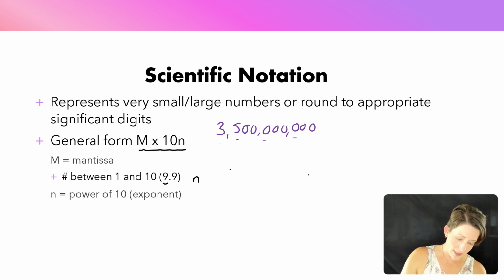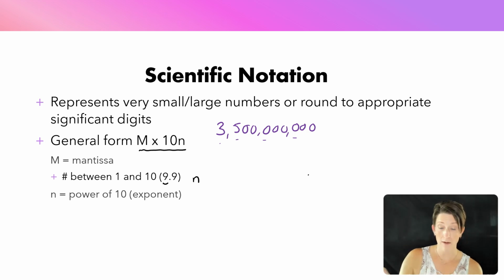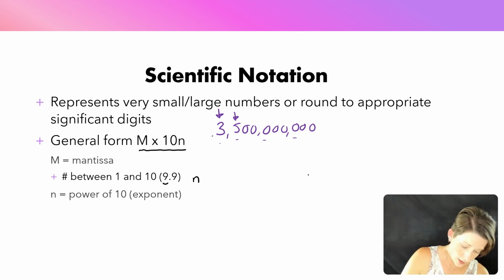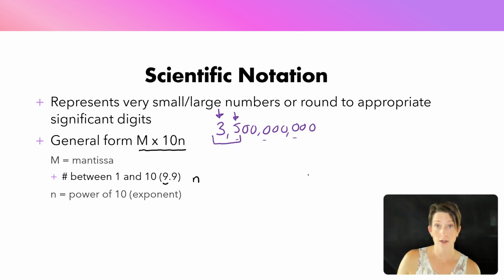These zeros are insignificant because there's no decimal, but they are just allowing the 3 to be in the billions place and the 5 to be in the hundred millions place. Therefore, these are our two significant figures. Writing those zeros is pretty redundant, also not necessary, especially when we have scientific notation.